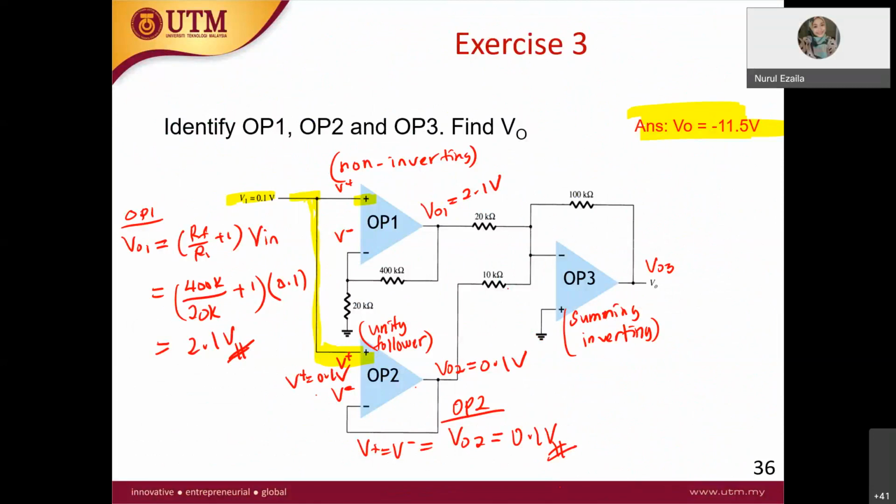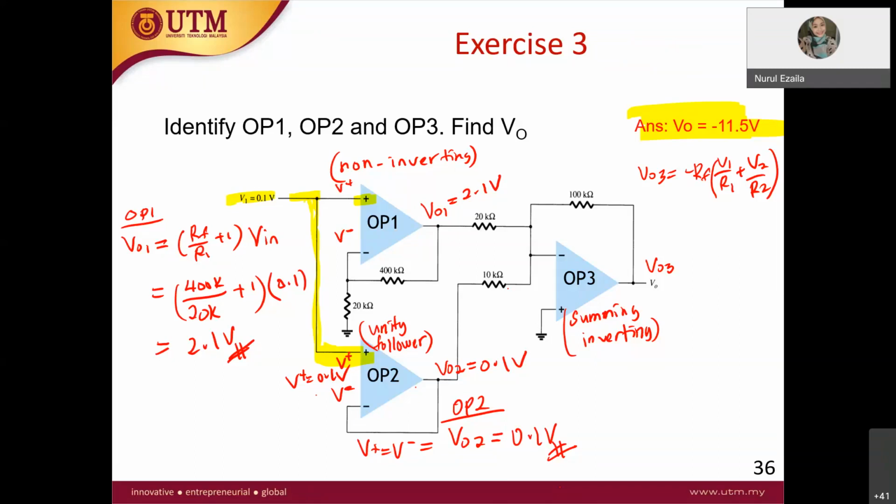Therefore, for op-amp3, I don't have enough space, but that's okay, V out 3 is equal to negative RF times V1 over R1 plus V2 over R2.